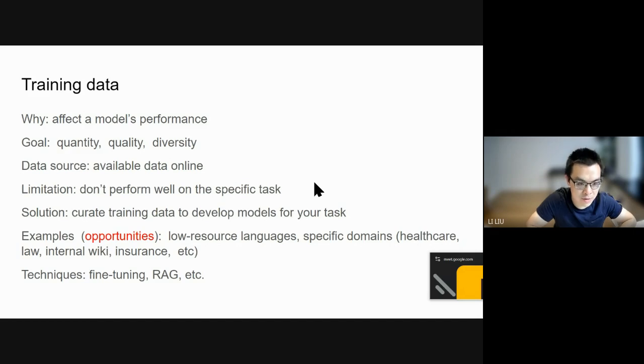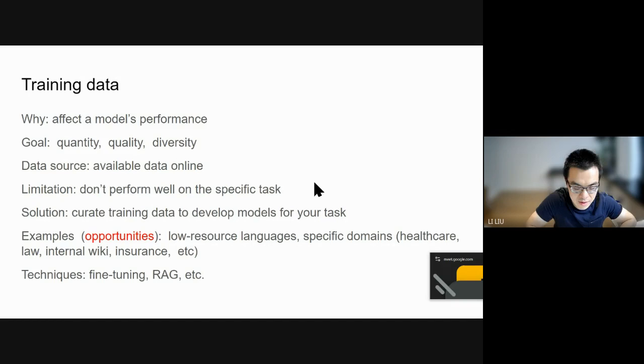An example on quality is that we want the model to learn a lot of facts about certain events and things around the world. But there is a lot of fake news and inaccurate information online, and if we feed a lot of this into the model, then the model might not think that is the true answer and give inaccurate answers as well.